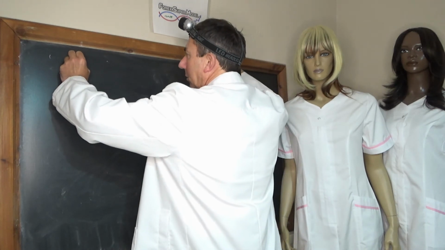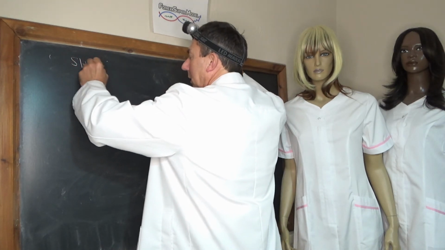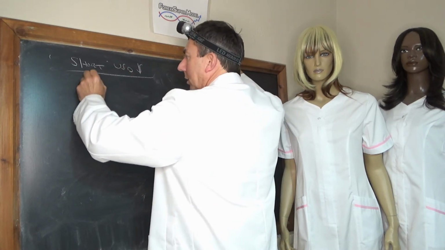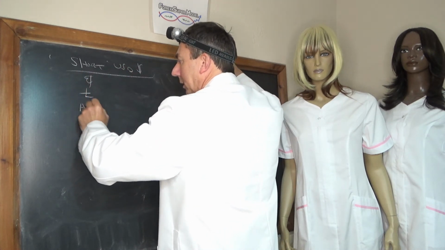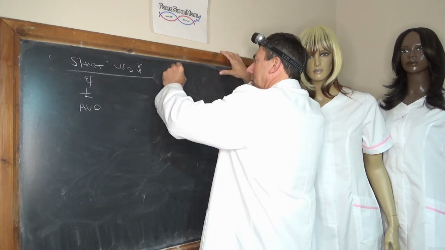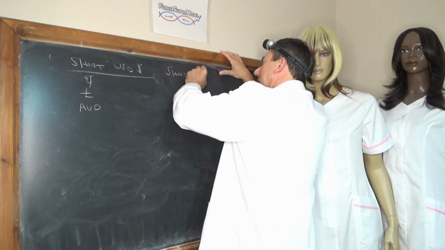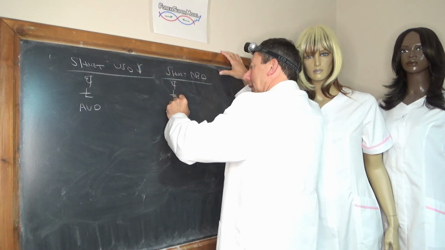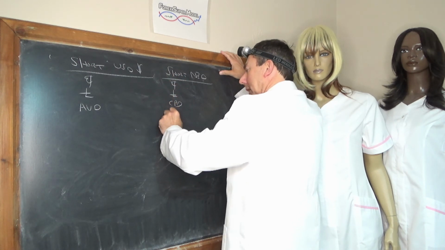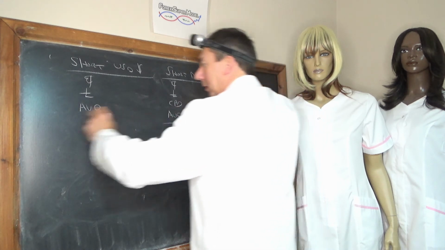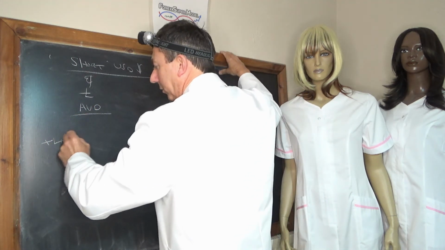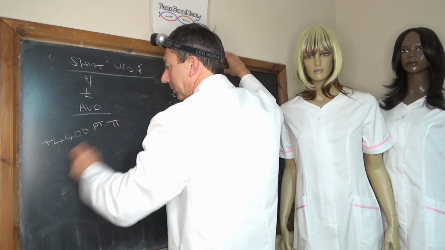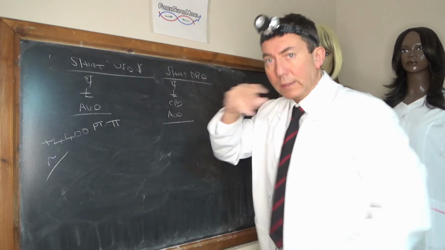Right, so we're short USD dollar against the euro, the pound and the AUD, and we're short NZD against the euro, the pound, the CAD and the AUD, and we're about plus 4,400 points profit approximately.